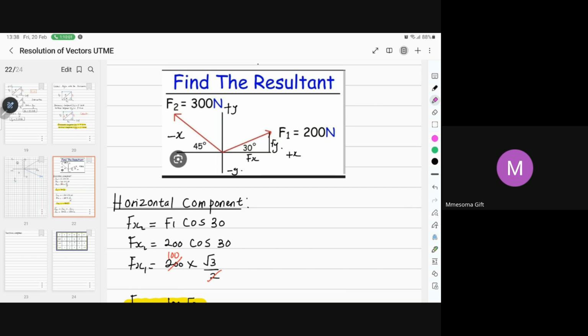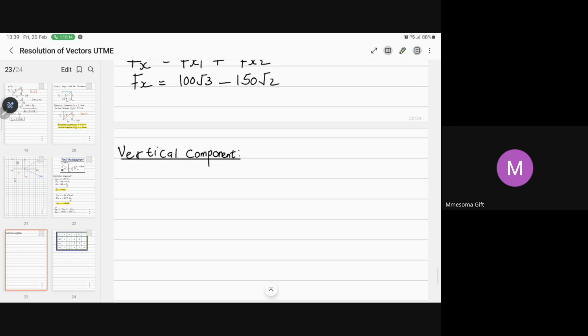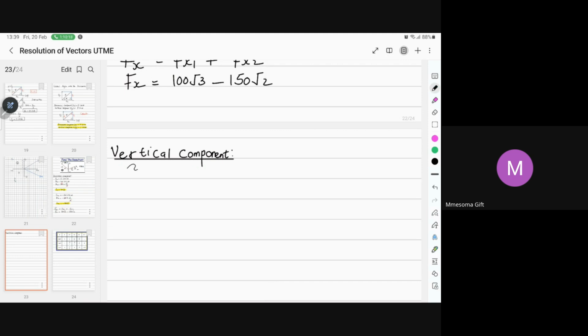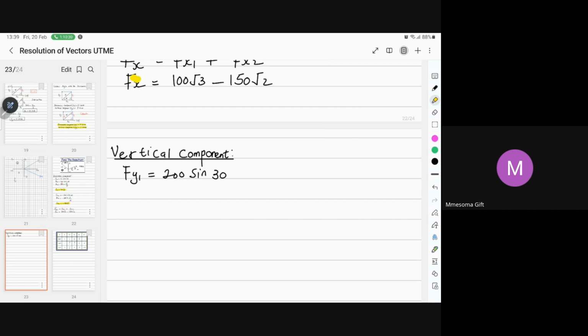So the vertical component of the force, let's call it Fy1, will be equal to 200 sine 30.